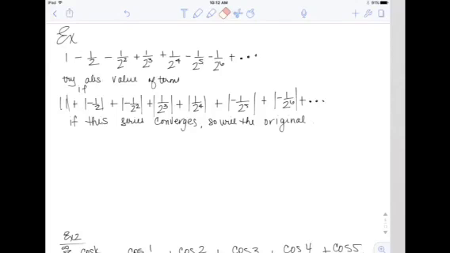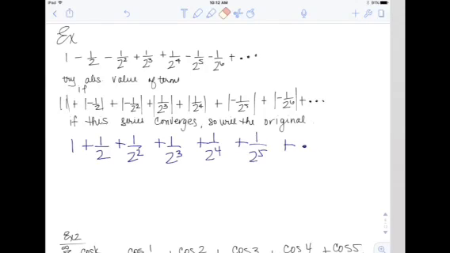So this series is now a geometric series that's not alternating anymore. This is 1 plus 1/2 plus 1 over 2 squared plus 1 over 2 cubed plus 1 over 2 to the 4th plus 1 over 2 to the 5th, so on and so forth.